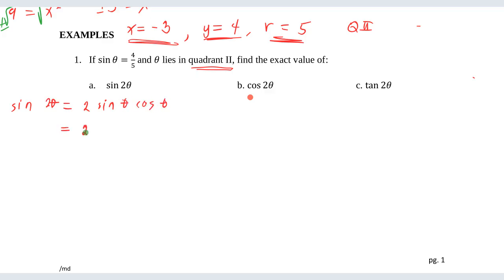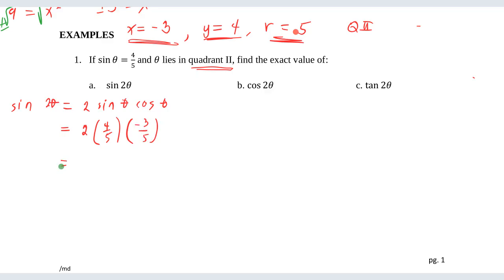Okay, so now we have 2 sine theta. We know that by definition sine theta is y over r, so that's 4 over 5. And cosine theta, by definition, is x over r. So x is negative 3 over r, which is 5. So we have negative 3 over 5.